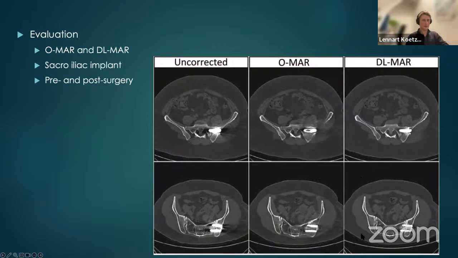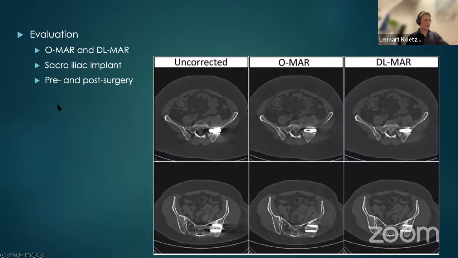And here with the deep learning MAR that this paper investigated, we can see that there's even less streak artifacts in surrounding tissue, and we also don't see the artifact here anymore in the metallic object.